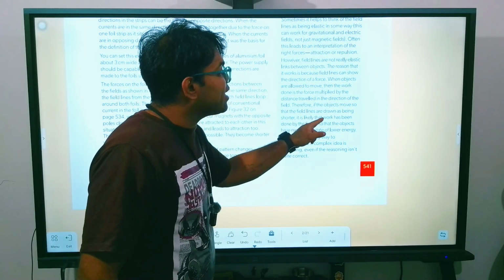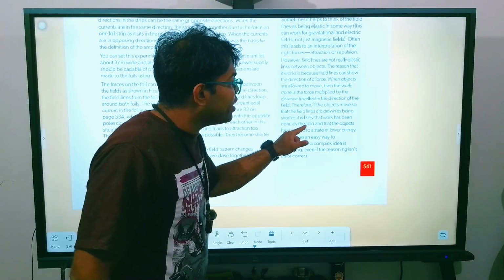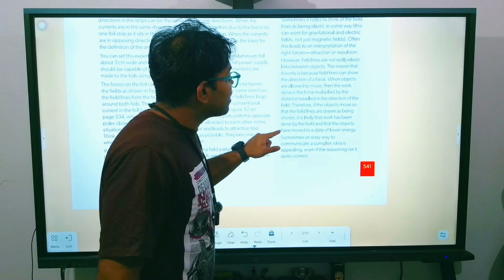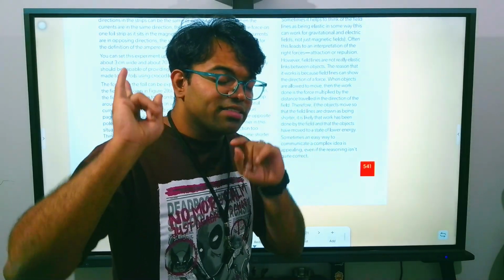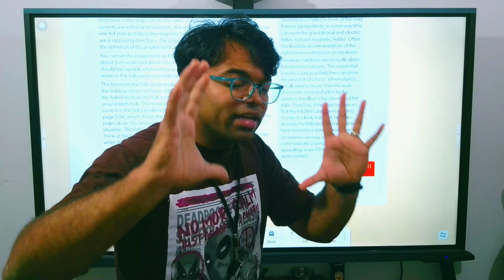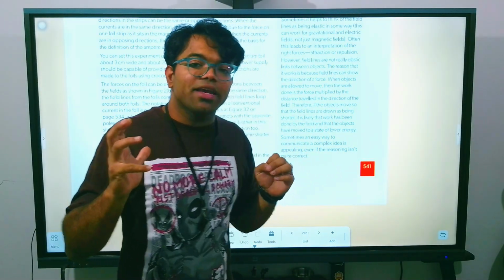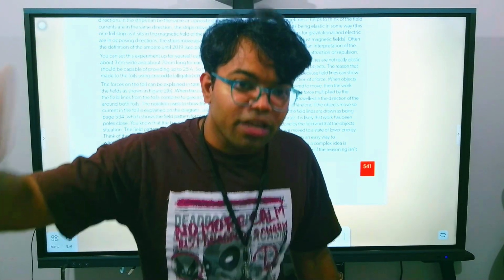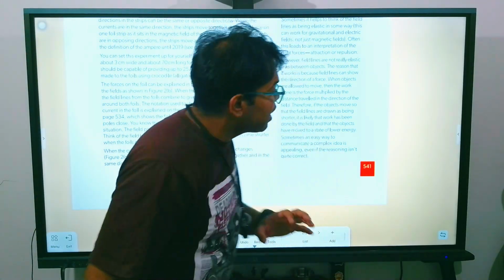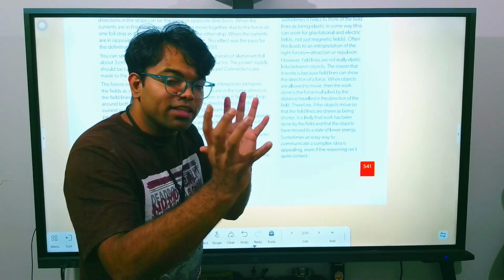It is likely that the work has been done by the field and that the object has moved to a state of lower energy. So again, just as I said before, the field is making itself shorter by physically exerting a force on the other object.